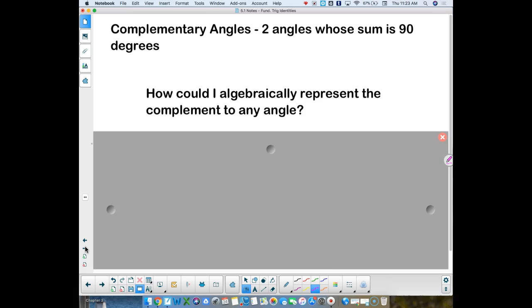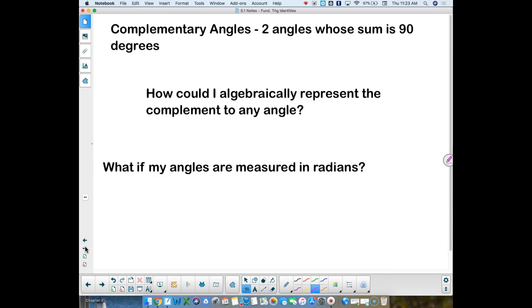So if I have theta, what am I going to have to add to it to get 90 degrees? How can I represent this complementary angle?